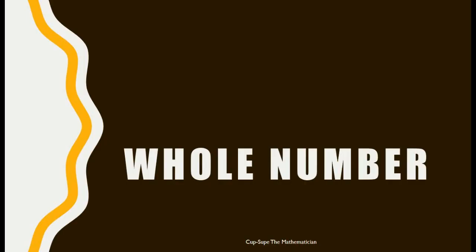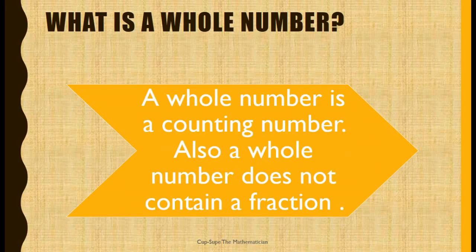Whole number. So as I was explaining to you earlier, your whole number can be 1, 2, 3. These are also counting numbers. These do not have a fraction included. Let's go further. A whole number is a counting number, as was said. Also, a whole number does not contain a fraction or any sections out of it.